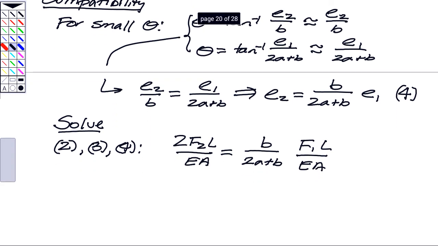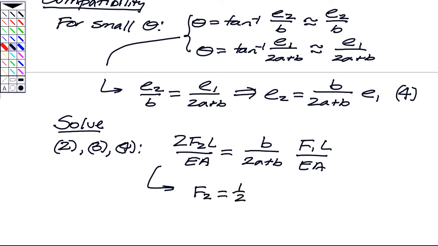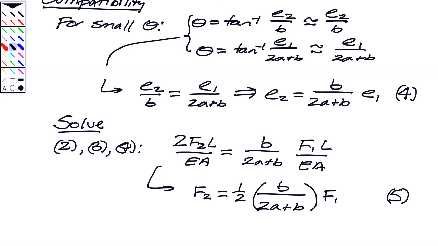So from this, I get that the ratio between the load carried by 2 and the load carried by 1 is 1/2 the ratio of the distance b divided by the distance 2a plus b times F1. So again, this gives us the proportionality, if you will, between the loads of rods 1 and 2. So this is going to be our equation 5.